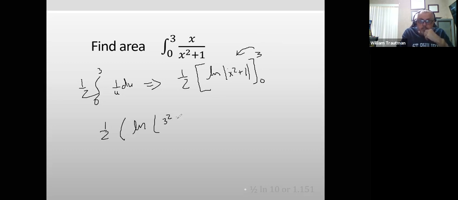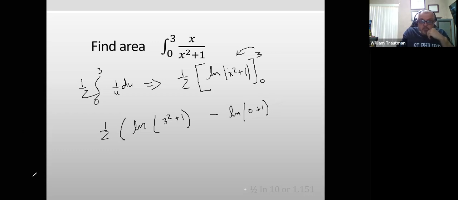Let's just do it. And then we're going to subtract the natural log of 0 plus 1.